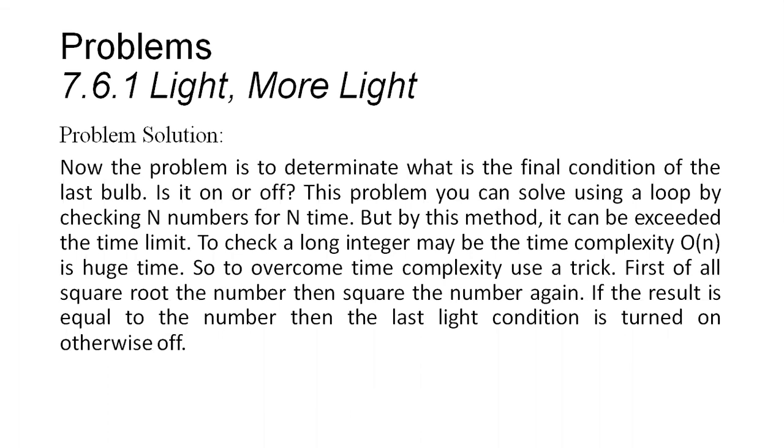In the matrix, you put the values 1 and 0, and as per the walk, like the ith walk, you check a particular row and you get the last bulb status, right? But by this method, it can exceed the time limit. To check a long integer, the time complexity O(n) may be huge. So to overcome the time complexity, use a trick.